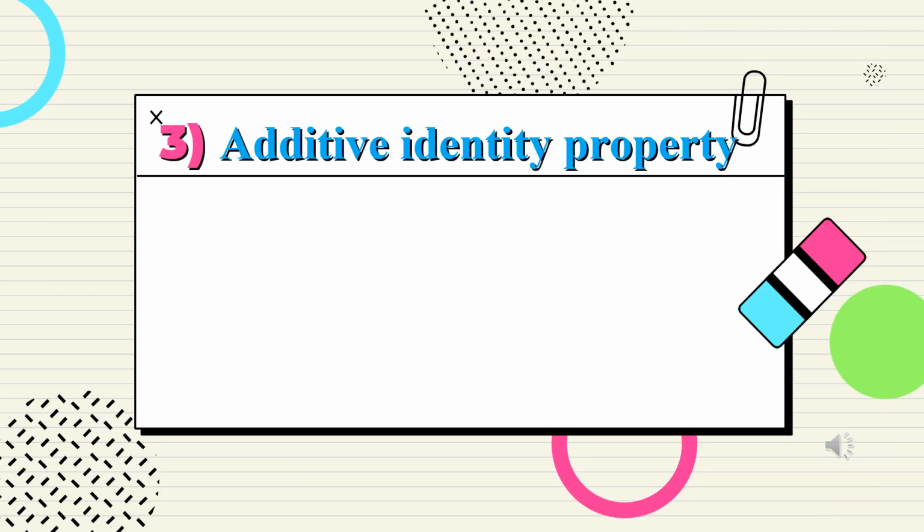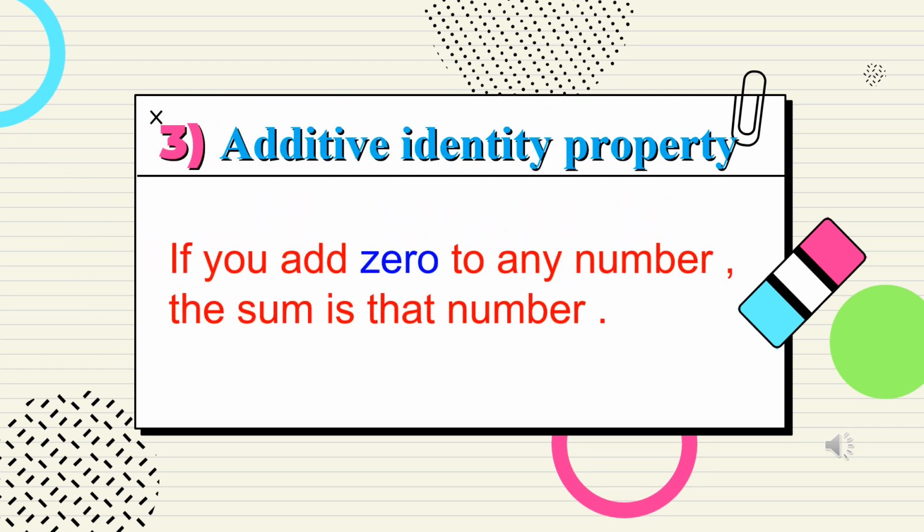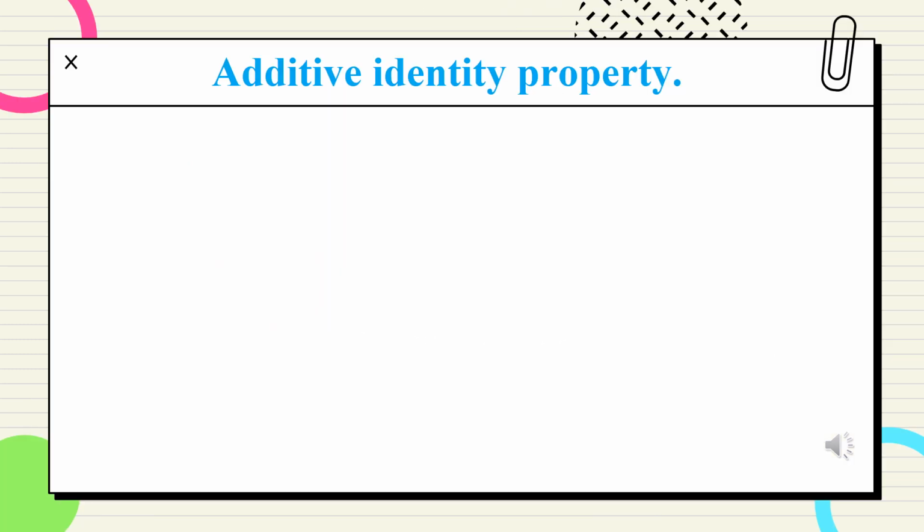Additive identity property means you can add 0 to any number and the sum is that number. Let's see here if we have 7 plus 0 equals 7. If we make 0 plus 7 equals also 7.